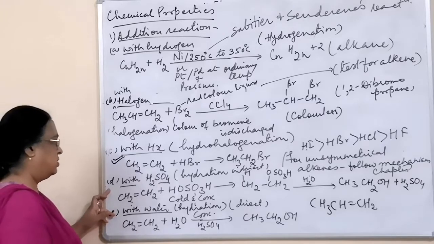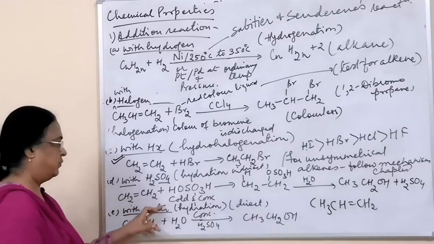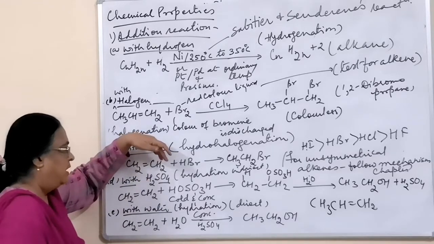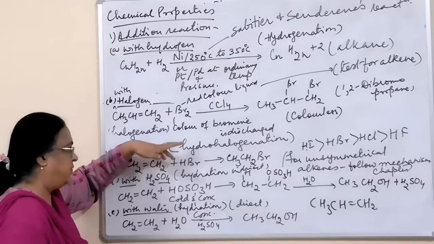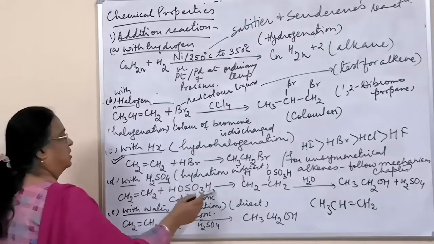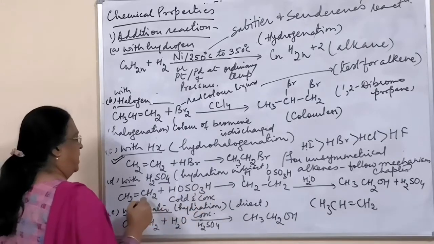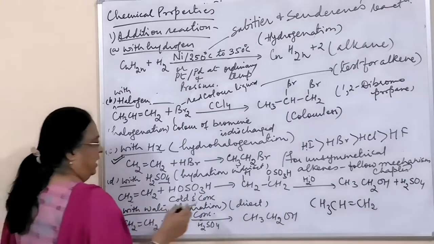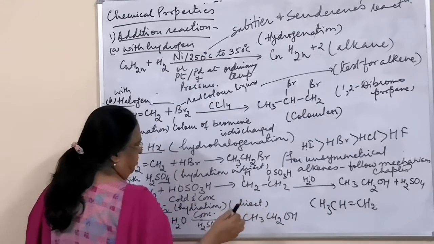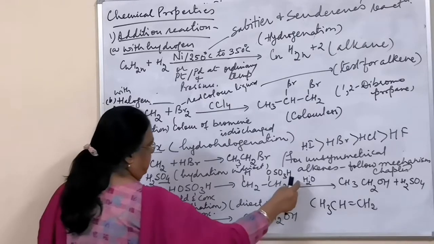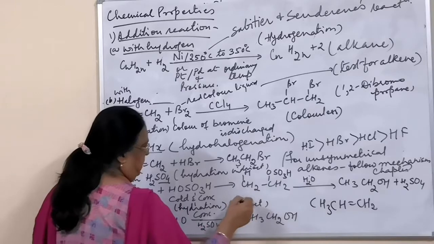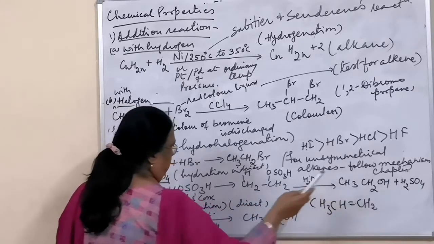Then next is with H2SO4. When we take cold and concentrated H2SO4, but we don't take any water there, the reaction goes this way. First the pi bond splits. H will be attached here, and the HSO4 part will link here, and we get ethyl hydrogen sulfate. This is hydrolyzed when water is poured on it. Sulfuric acid is out, one H is attached here, OH here, and we get ethanol.